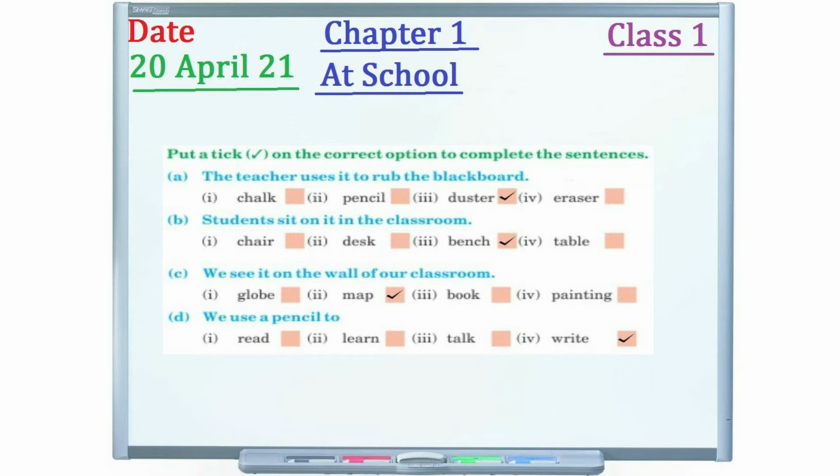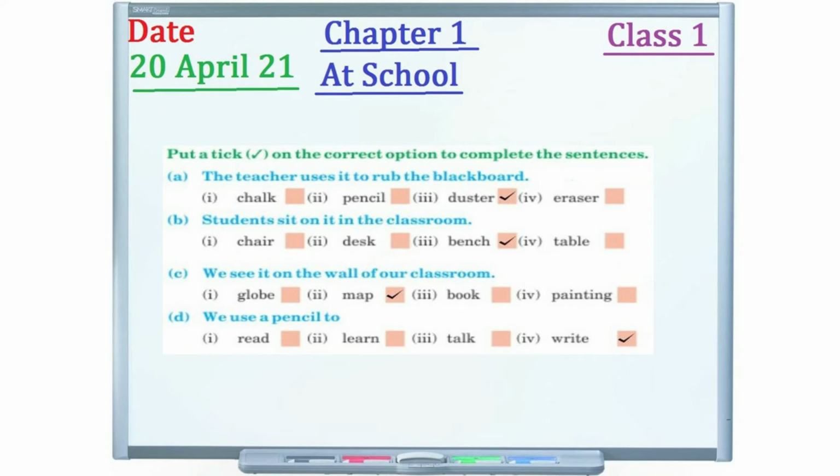Book, no. Painting, but according to our chapter here, your correct answer is option second, map.